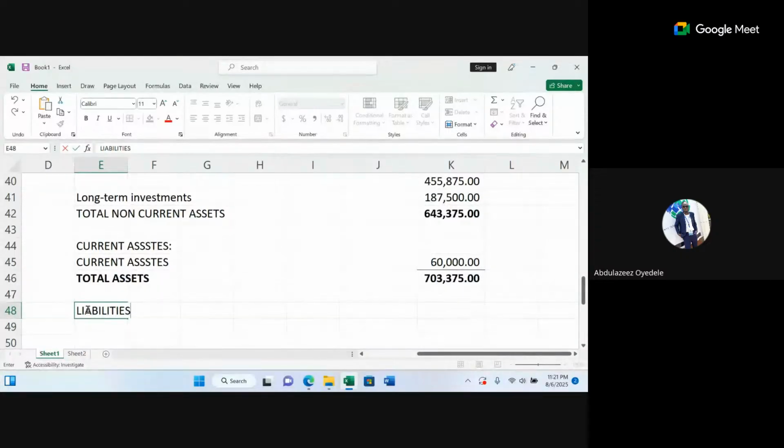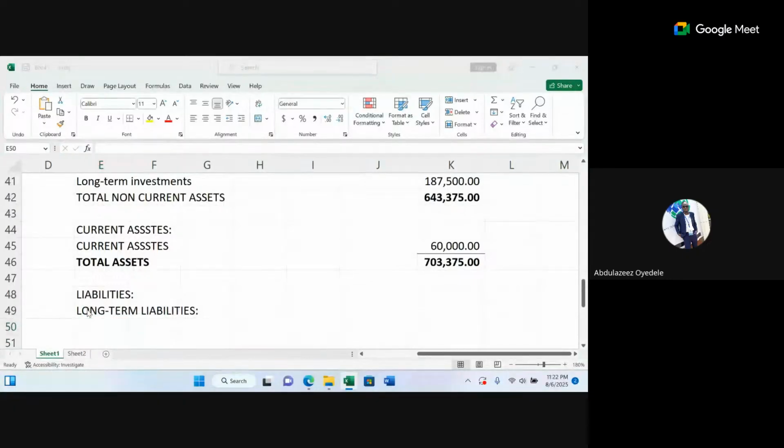Liabilities, just like assets, also have long-term liabilities and current liabilities. So I'm saying current liabilities and non-current liabilities. So we'll start with the long-term liabilities.